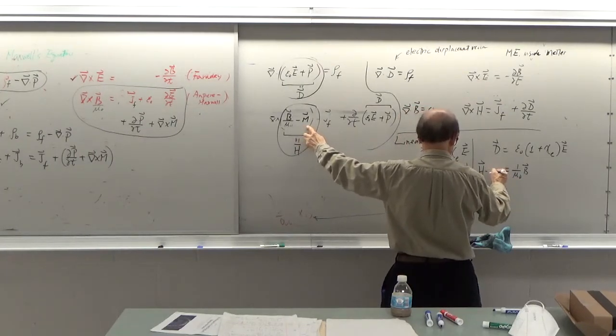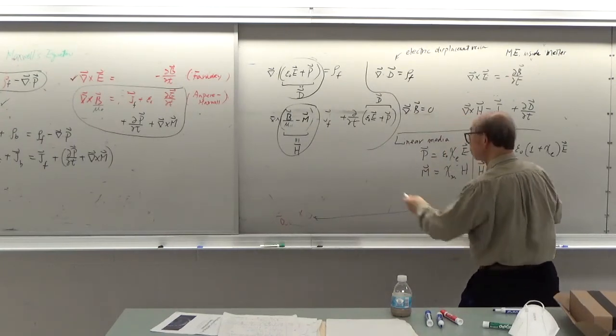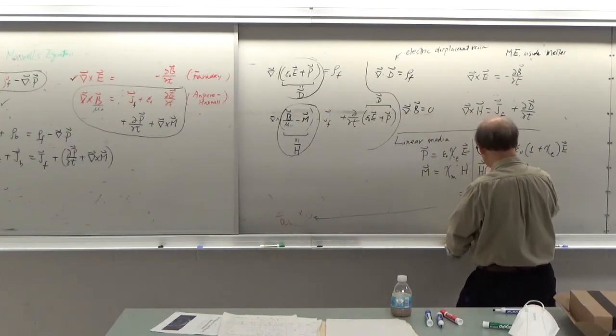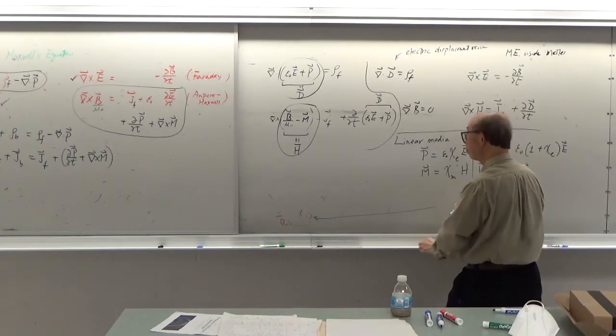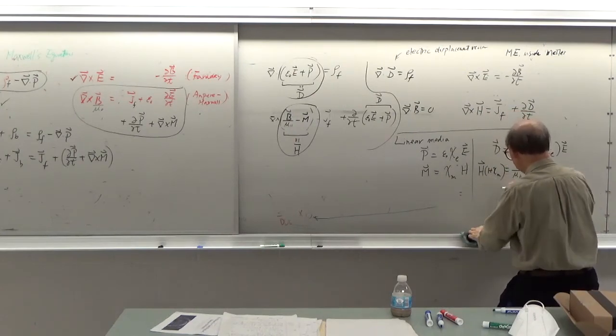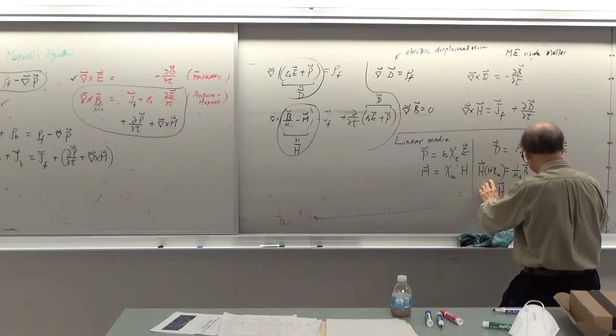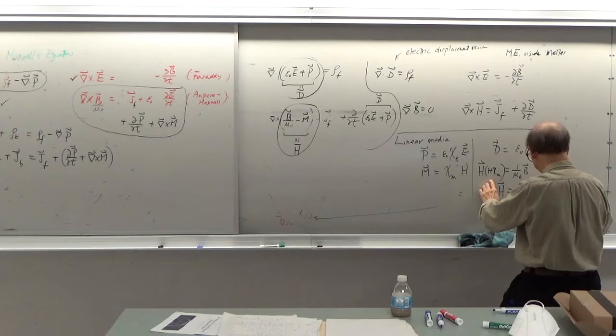Minus M, and minus M is this. So that the minus becomes plus to the side. So it's 1 plus chi M times H. So that H can be rewritten as 1 over mu naught 1 plus chi M B.